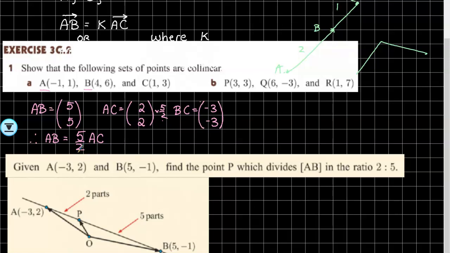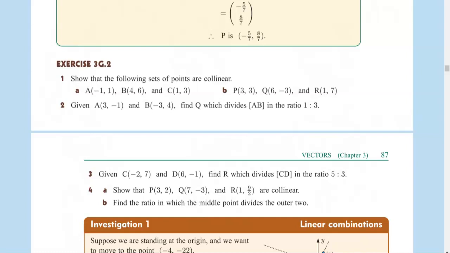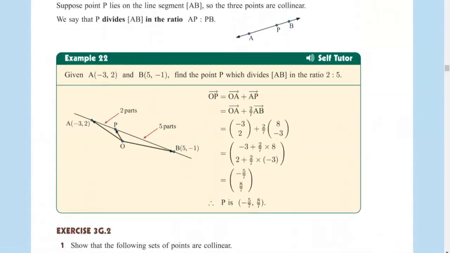Joe's frowning at me. And this is in your textbook, but I do it just a little bit differently. You can take it or leave it how I do it. You could go, no, I prefer the textbook. So look at what the textbook's done. We've got AB, similar to that last question we were looking at. P divides AB in the ratio 2:5.